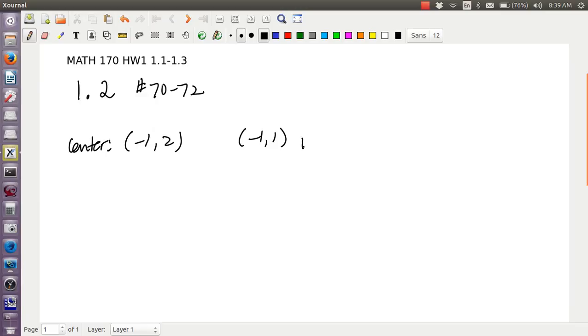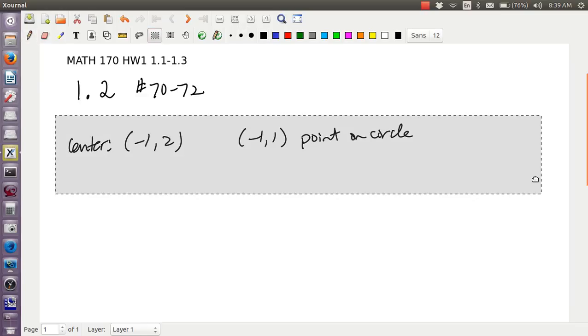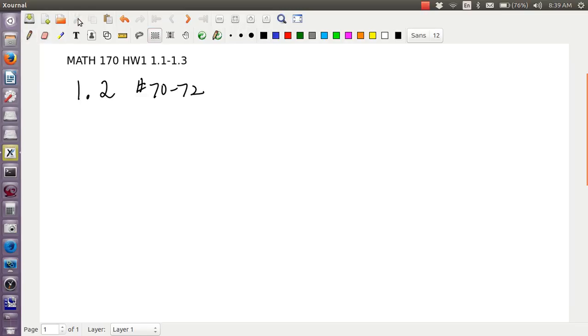Okay, point on circle. So there's the center, there's the point on the circle, and actually the questions you're doing are different. Yours is center radius. I'm not even going to do this one. I'm sorry, because I don't want to lead you astray. So I'm going to just give you one that's similar to yours. Center can be 7, 3, radius can be 13, and I just made that up.